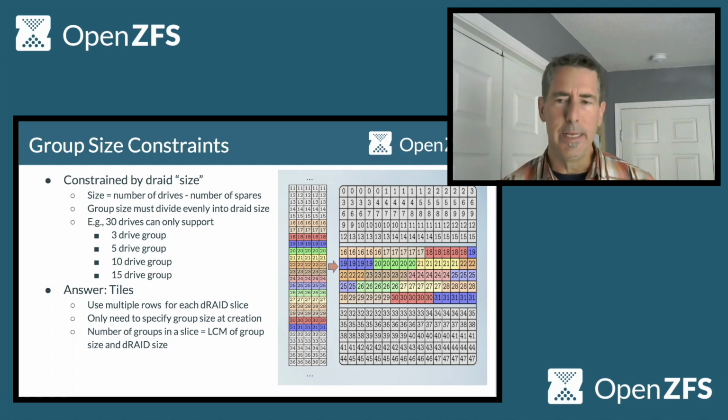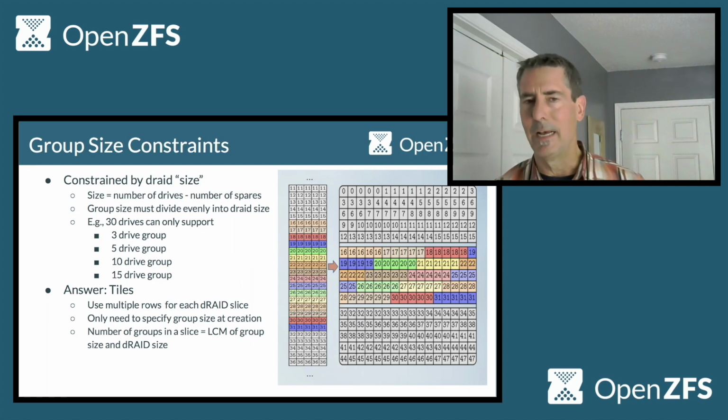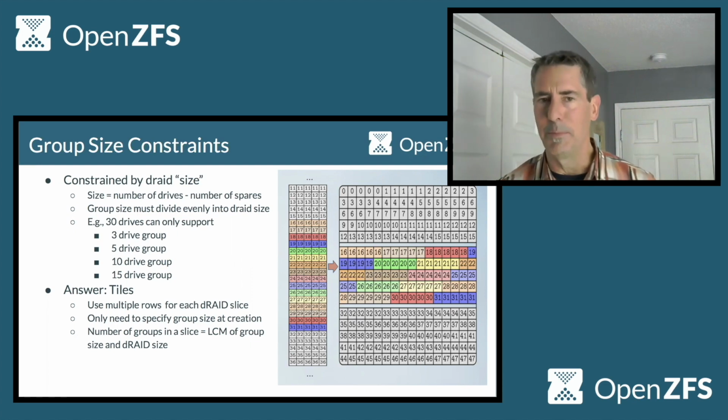If you wanted even group sizes, that meant that for example, in a 30 drive configuration, you could only support either a 3 drive group, 5 drive group, 10 drive group, or 15 drive group, because it had to be an even multiple. You couldn't, for example, support in this configuration with 30 drives an 8 drive group because it didn't divide evenly.